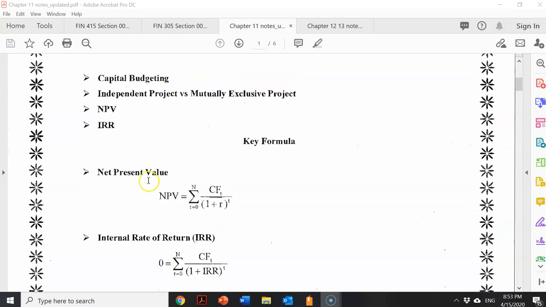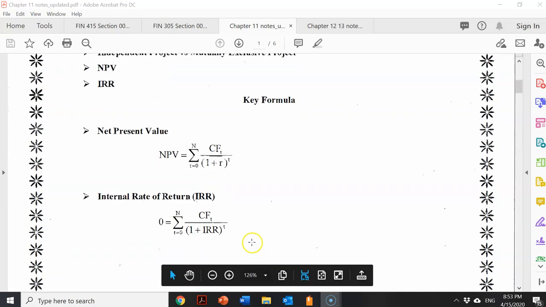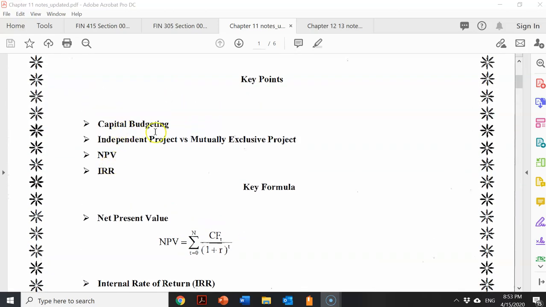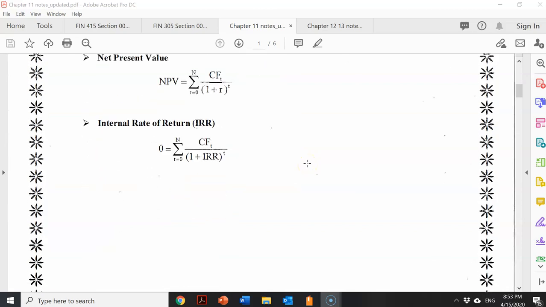So we're gonna learn in detail how we can calculate NPV and IRR and how to use these two measures to make capital budgeting decisions for independent projects and also mutually exclusive projects.